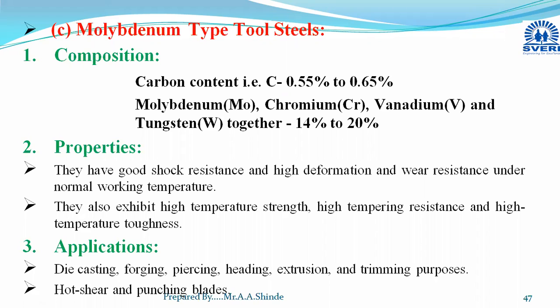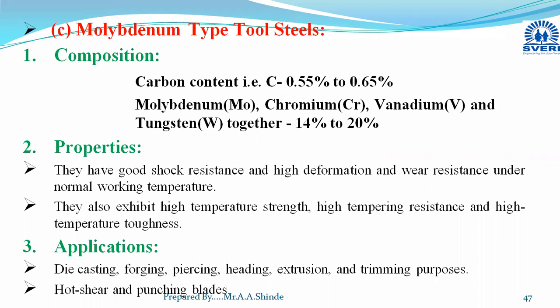Due to these characteristics, these molybdenum type tool steels are used for manufacturing of different die castings, dies used for forgings, extrusions, piercings, trimming purposes, and different kinds of punching blades or shear blades, hot shear blades.